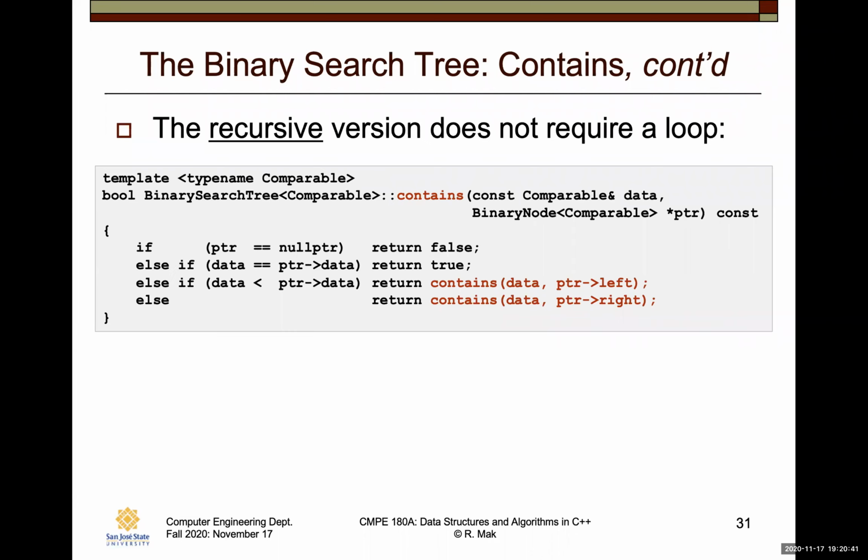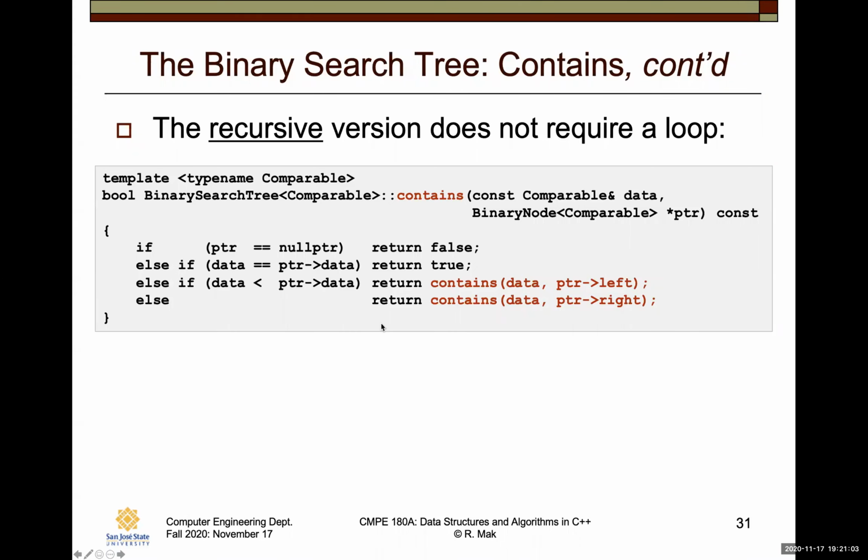This looks a lot like the binary search that we were using for an array or a vector that's sorted. We keep cutting in half the region that we're searching, and that's equivalent to looking at the left child or the right child.